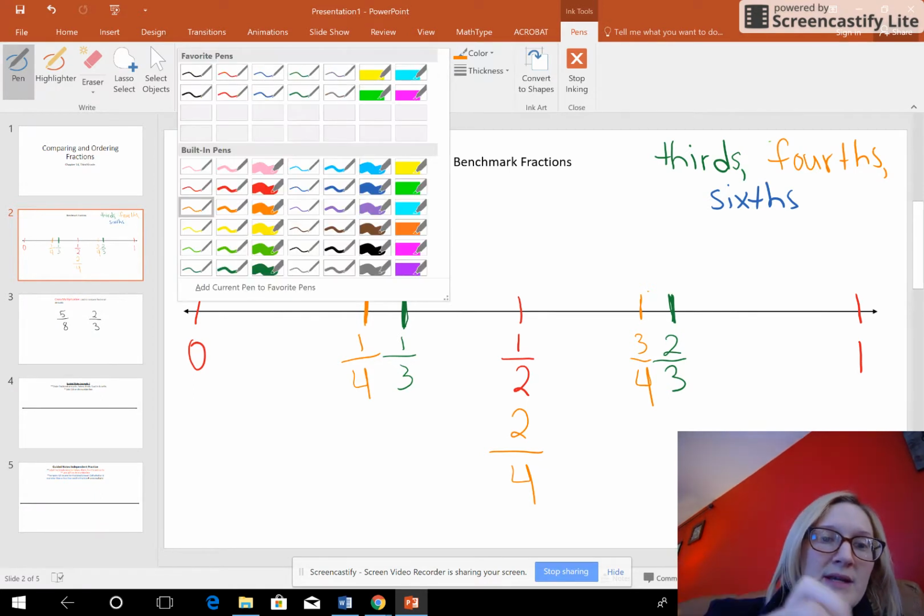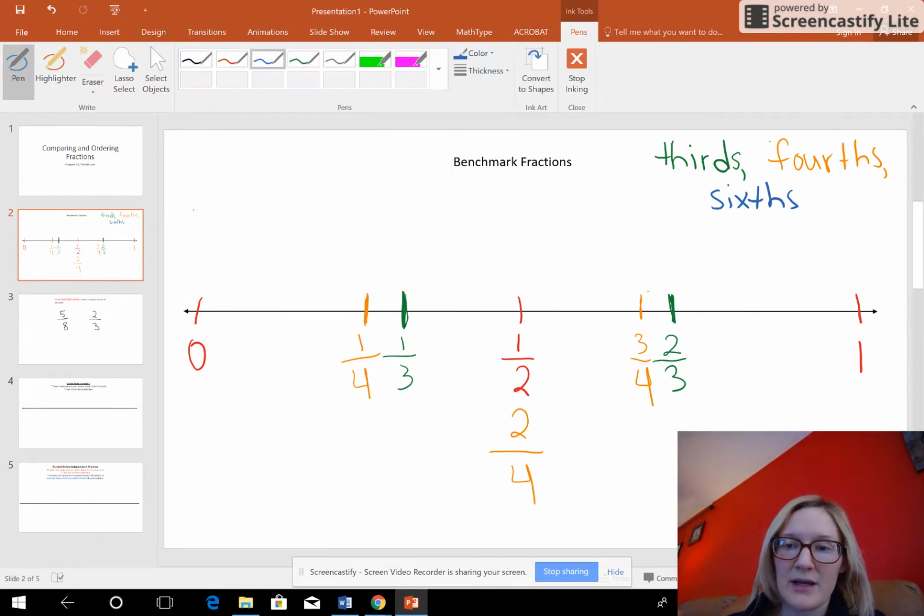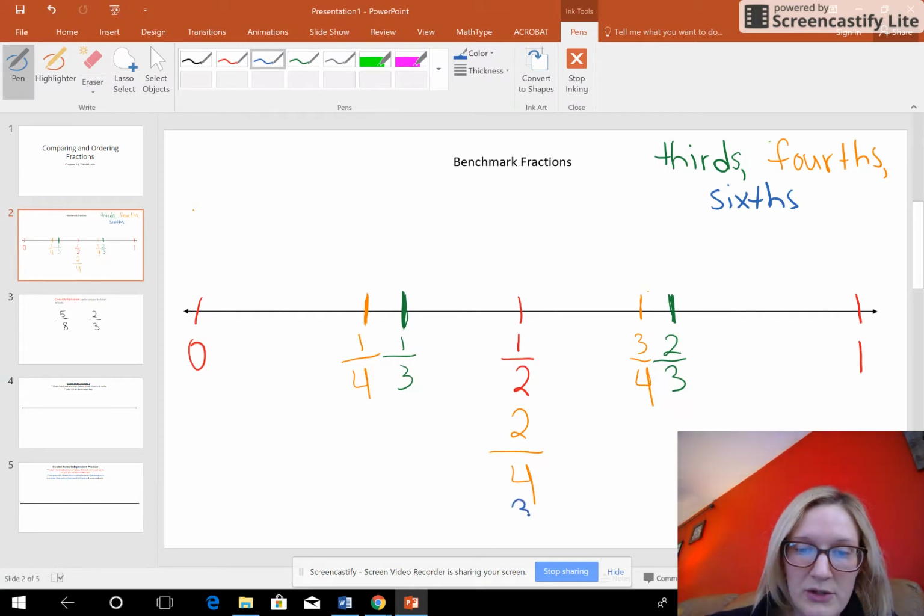When I go to label sixths, it's the exact same process. I'm going to make sure that I'm visualizing my whole number line into 6 equal parts. Again, sometimes it helps if you know your benchmark or you know your midpoint first. So if I'm thinking in terms of sixths, I know that half of 6 is 3. So I might go ahead and label my midpoint first.